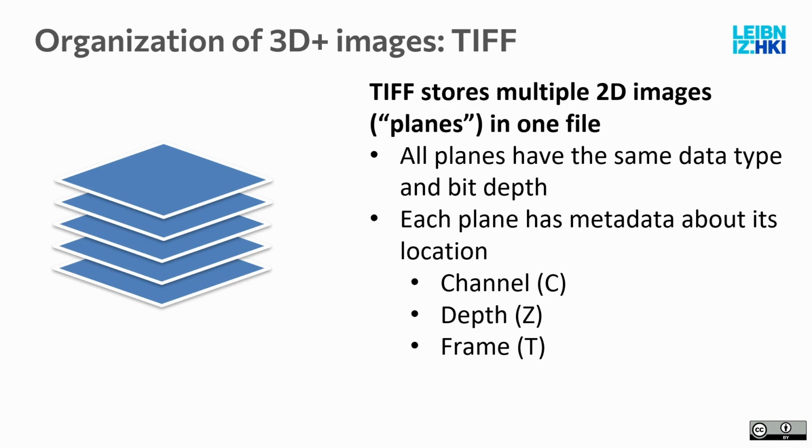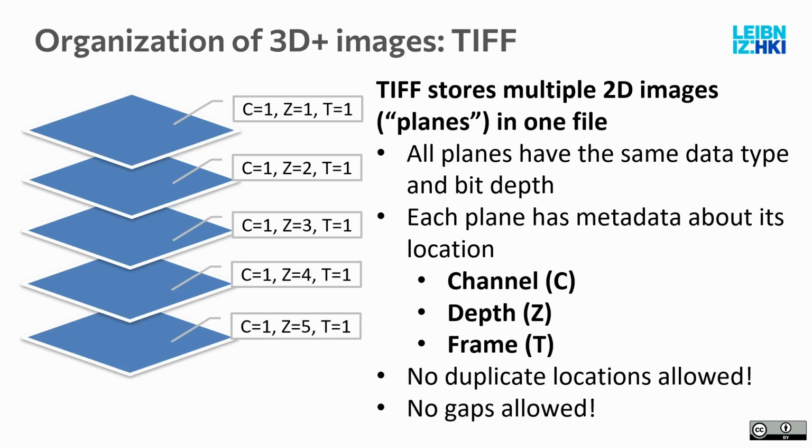So if you take one of these slices out, then basically a TIFF contains many of those, and it assigns metadata: okay, this is now at C1, Z1 and T1, and then internally it handles it somehow. So it's like a file system in a way. So these names can be a bit difficult or a bit confusing.